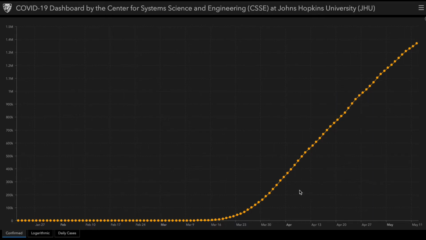And what this shows is the exponential growth. So if we look right around March 16th or 17th is when the exponential growth starts. And it kind of ends around the, let's see, that's the 25th. So 25th or 26th of March is when it ends. And then it goes into linear growth. So linear growth means that it grows by the same amount usually every day, which is about 30,000 right now.